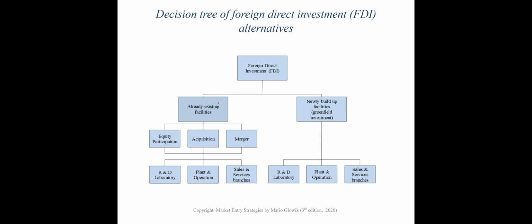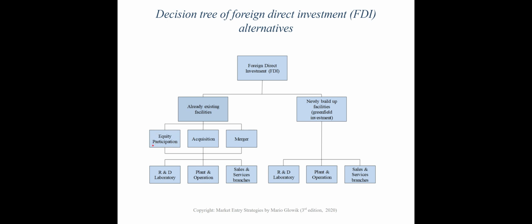In case we consider having access to already existing facilities, we may think about an equity participation in our foreign target firm. We may think about investing 10% of the shares, 20%, 40%, everything is possible.